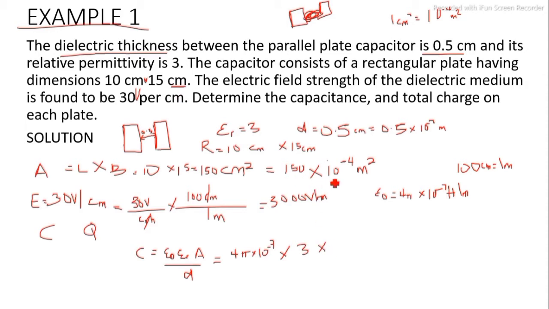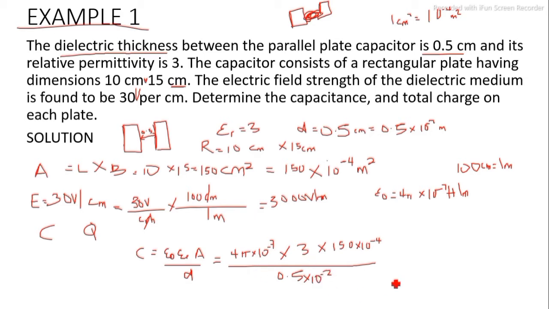The area of the plate is 150 times 10 to the power minus 4, divided by the distance between the plates, which is 0.5 centimeters, so 0.5 times 10 to the power minus 2.